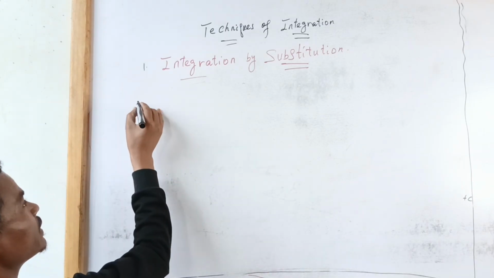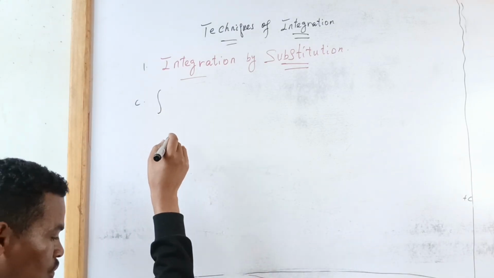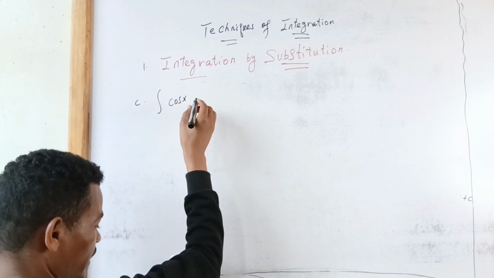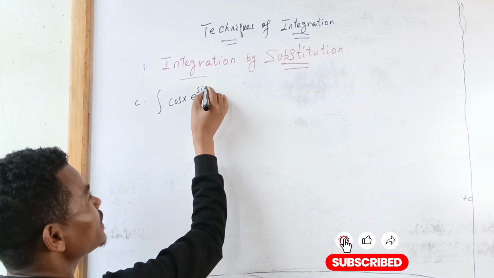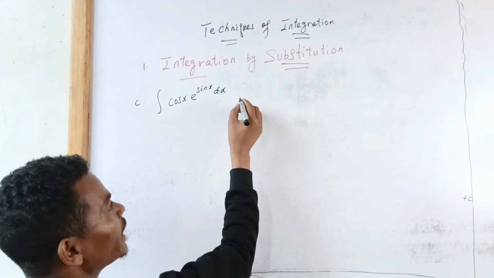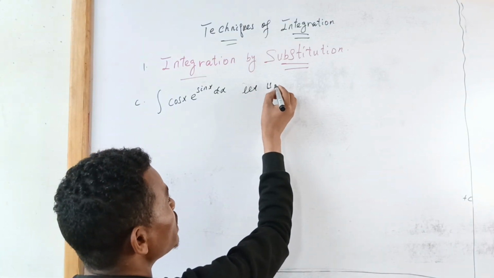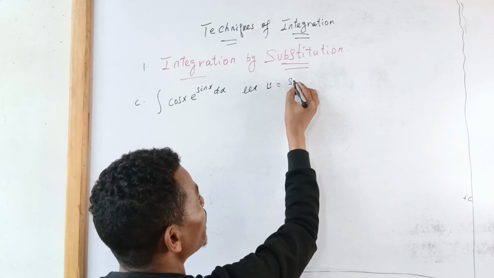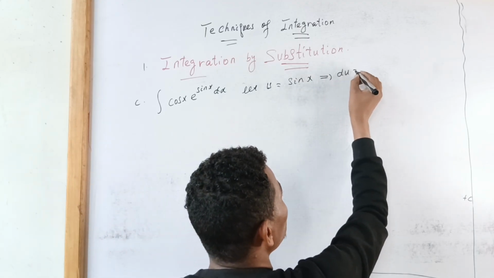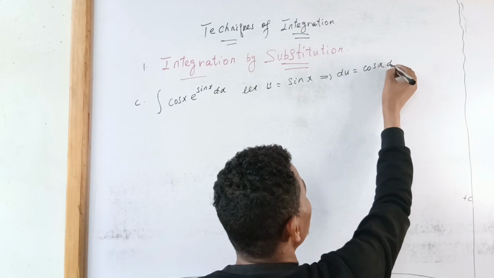c) integration of cos x e to the power of sin x dx. Again, in this case, let u equal sin x. This implies du equals cos x dx.